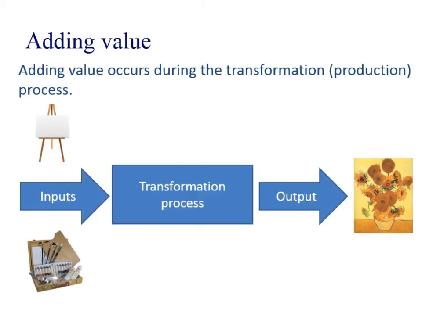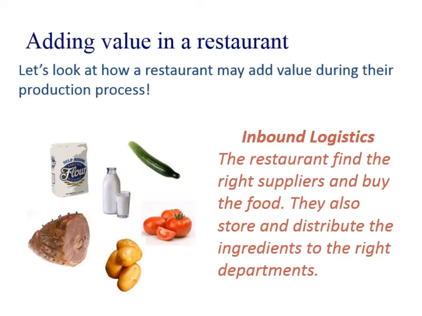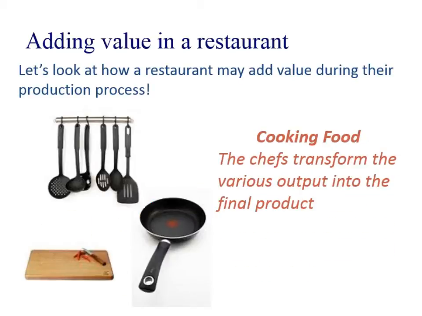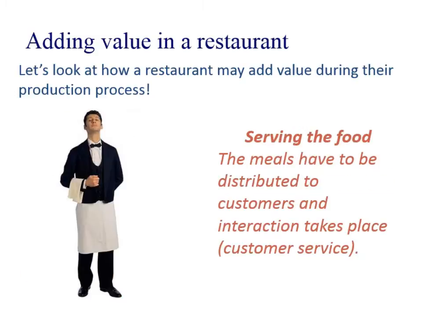So you're able to charge more. If we're looking at an example, let's look at a restaurant. Some of the ways that a restaurant adds value is that they organise all of the ingredients coming into the restaurant and bring them all together, so we could call that the inbound logistics. They also prepare the food for you, so they're carrying out a task there, and the total cost of getting those ingredients will be less than what they're going to sell it for.